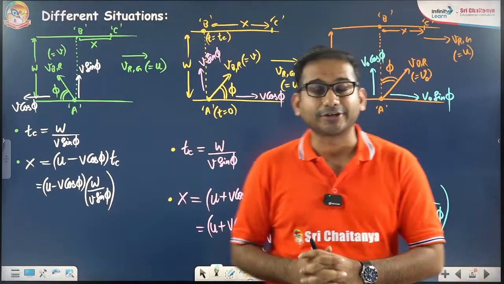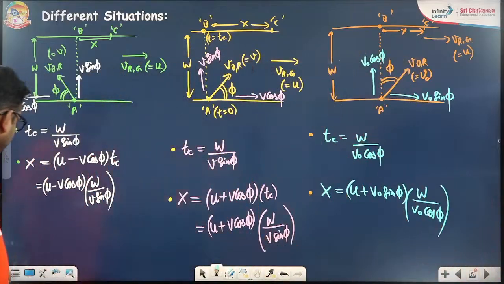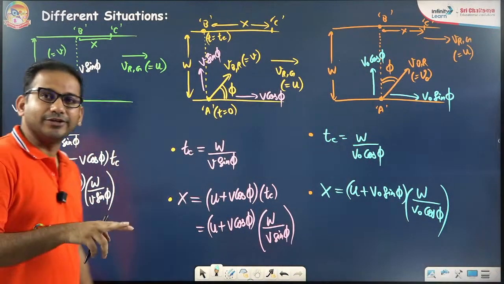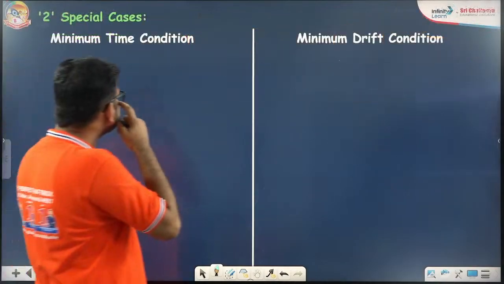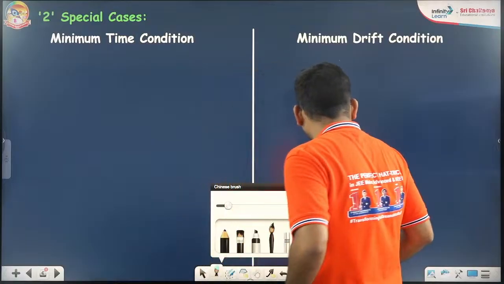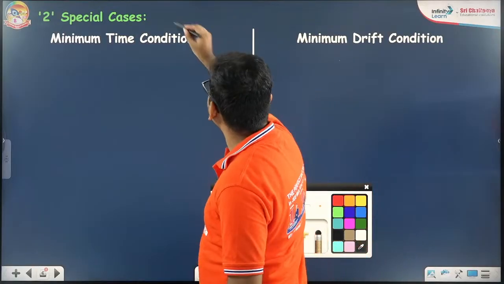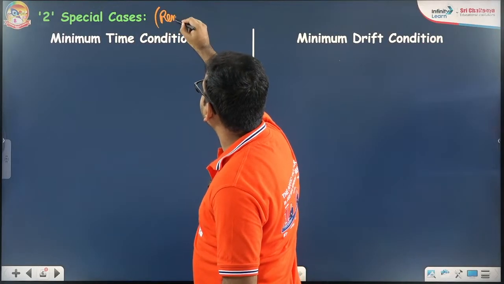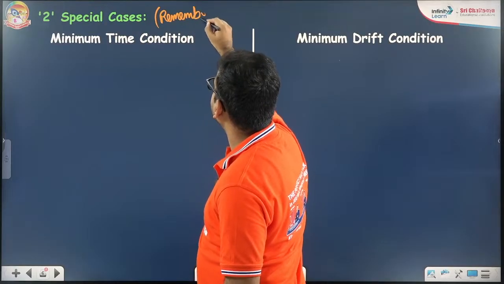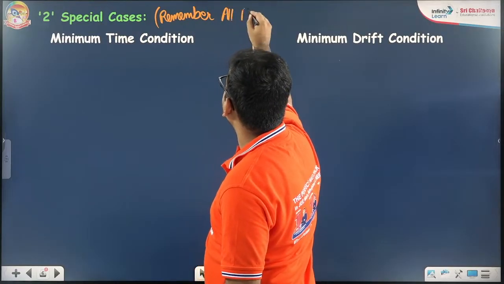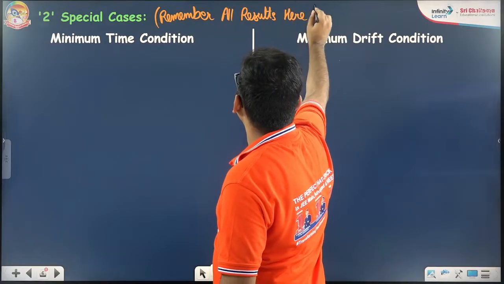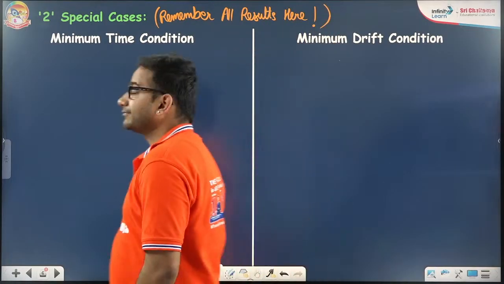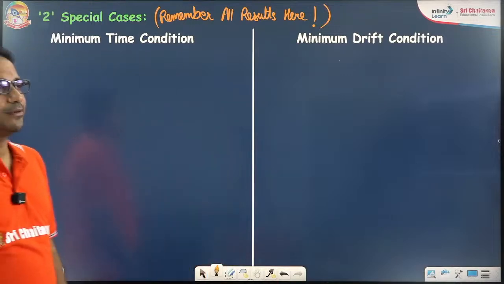Okay, done, sorted. Now I would tell you to remember two cases, and these are the special cases. In these special cases, definitely, I want you to remember all the results here. These two cases one by one we will talk about.